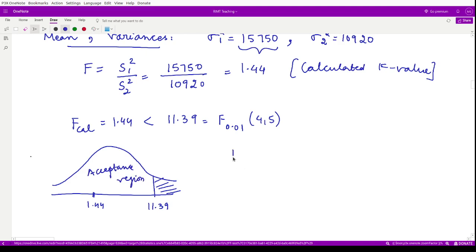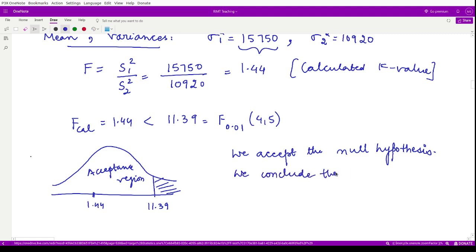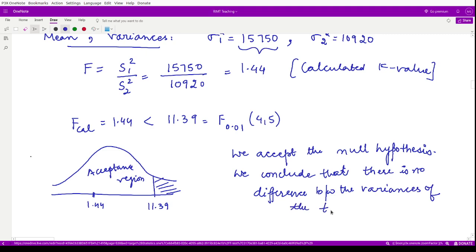So according to that, we accept the null hypothesis, and according to the null hypothesis we conclude that there is no difference between the variances of the two populations.